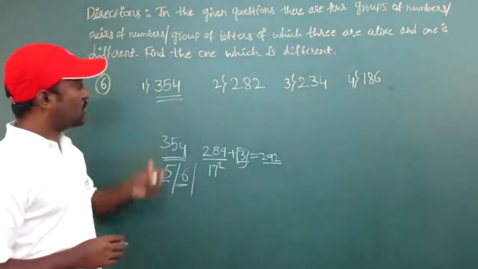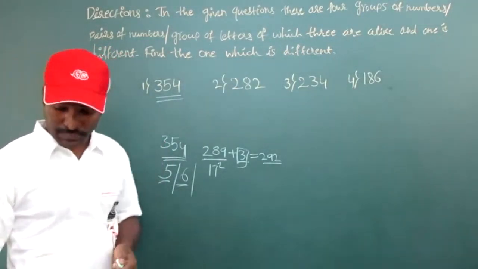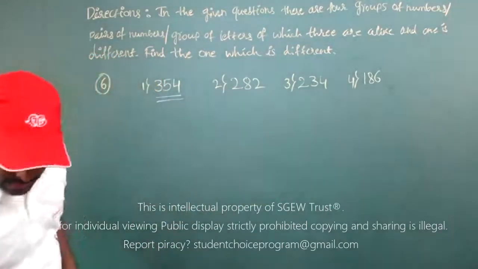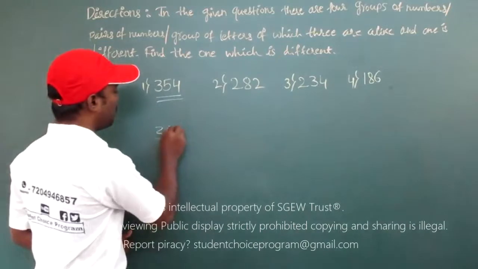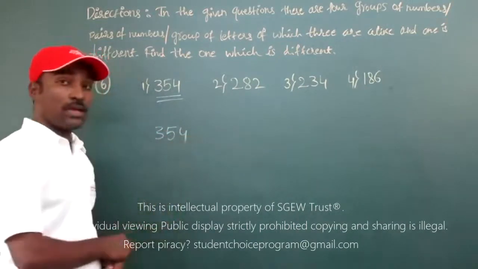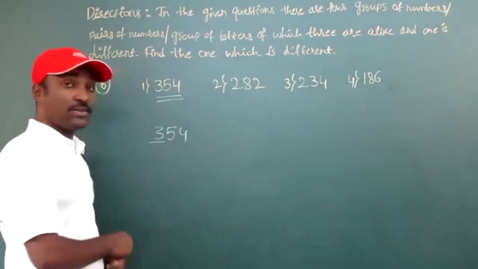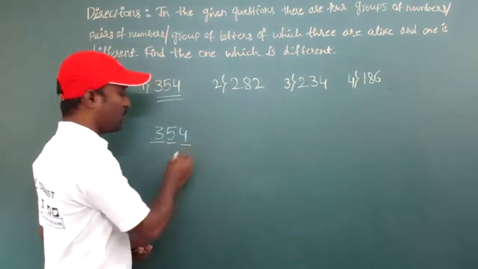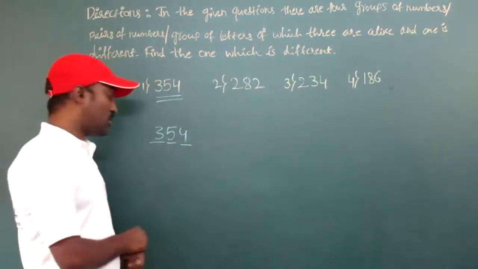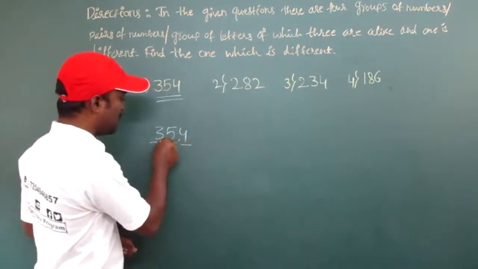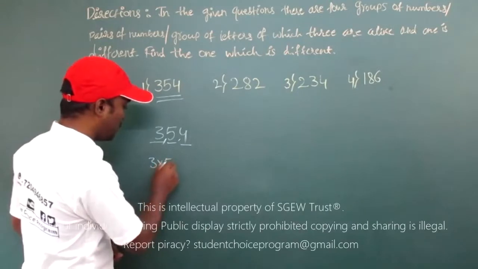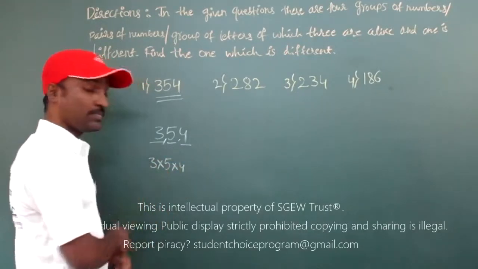Digit multiplication is, yes, you have to take the digits. 354: I have the first digit as 3, second as 5, and the third digit as 4. Now I will multiply these digits. 3 into 5 into 4.